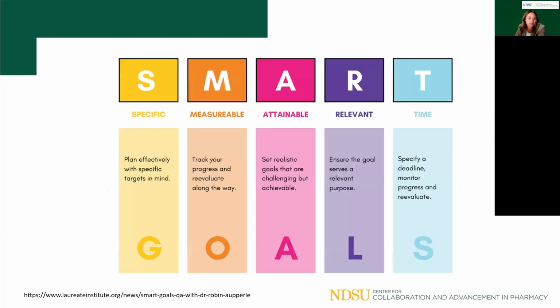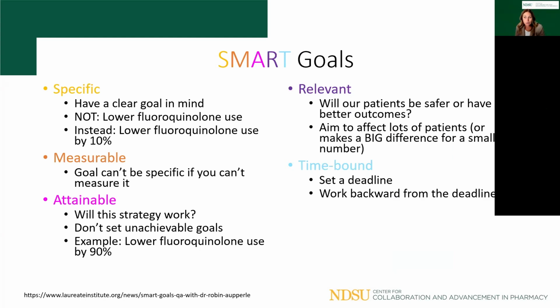And if you want a reminder of what SMART goals are, they're specific, measurable, attainable, relevant, and timely. So those are things to think about. When you're writing a SMART goal, make sure we have a clear goal in mind so that it's specific. One example of what is not a specific goal would be saying lower fluoroquinolone use.